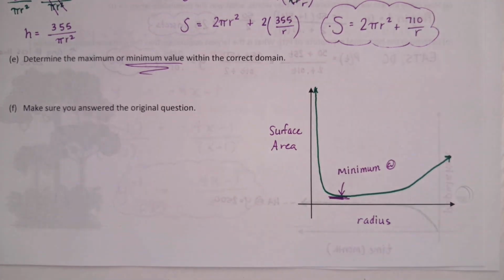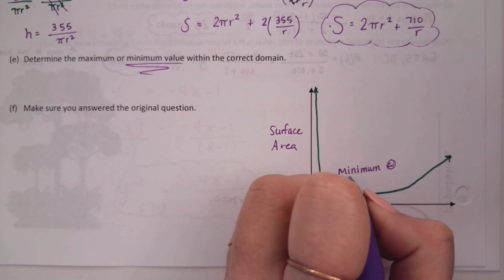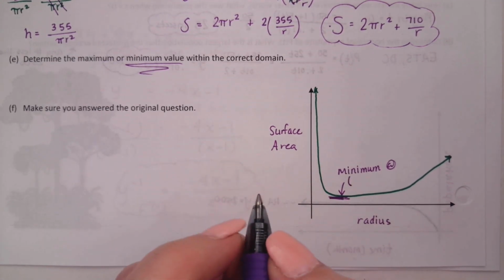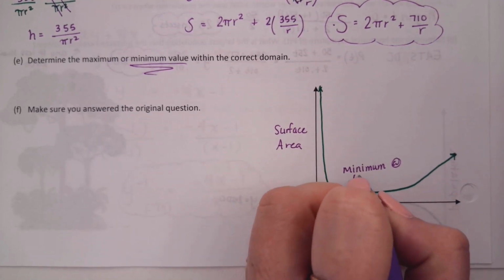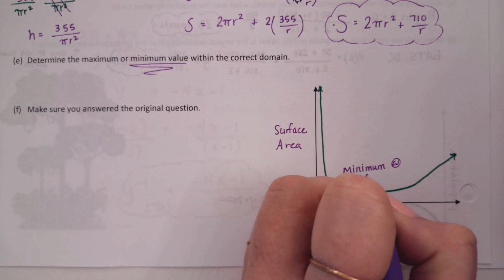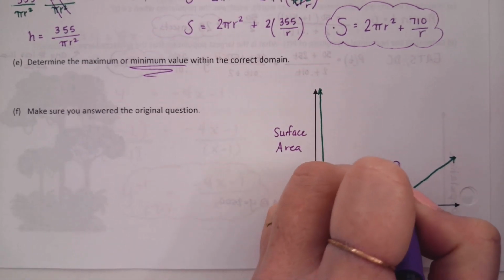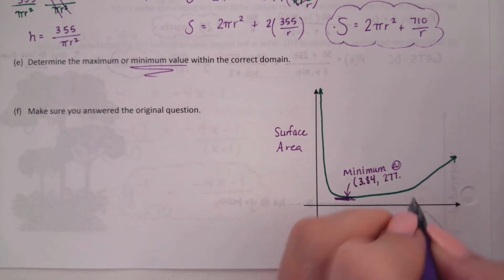What's going on? All right, let's write down our minimum rounded to 2 decimal places. My first number would be 3.84. Very good. Okay, and my second one would be 277.55.